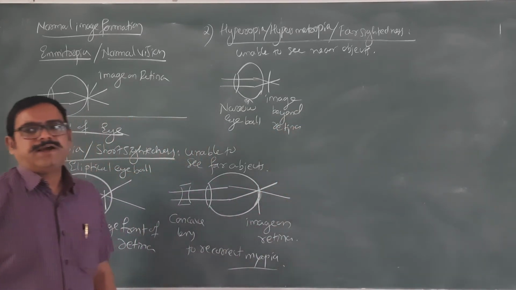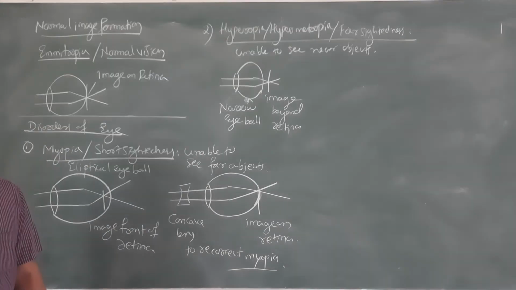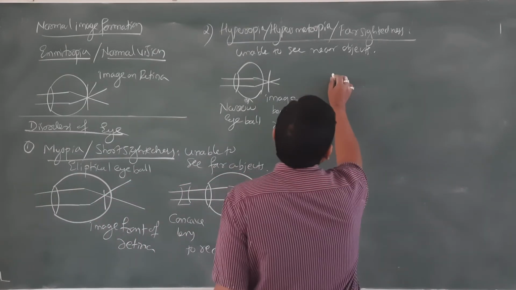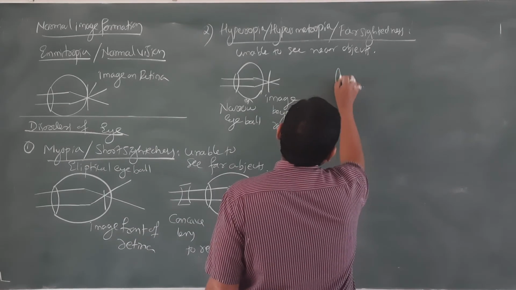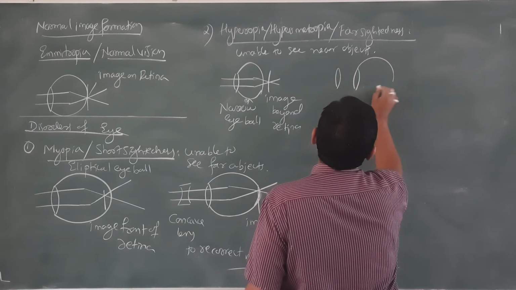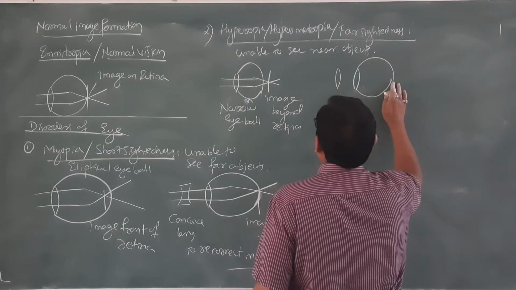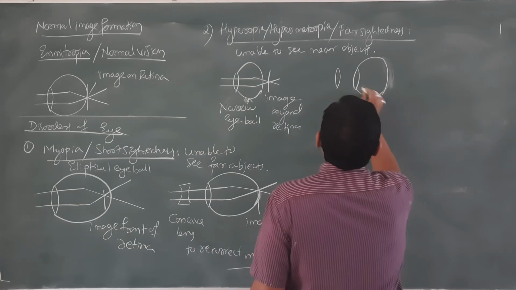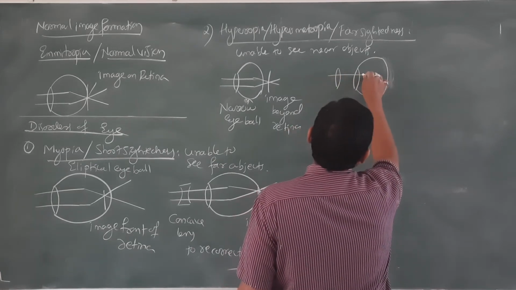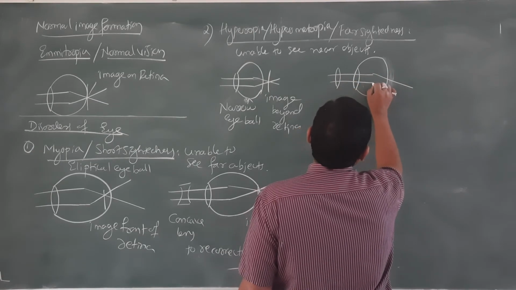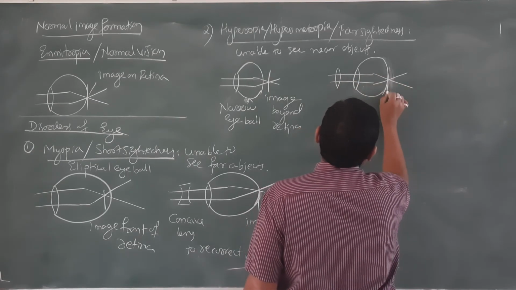How can this be corrected? By using a convex lens. They take a convex lens in front of the eyeball, the spectacle. This eyeball may be narrow, but when the ray passes through the convex lens and the biological lens, the image is formed on the retina.